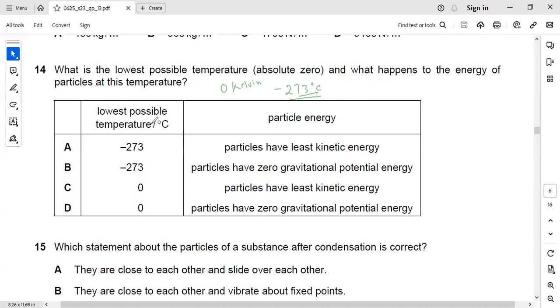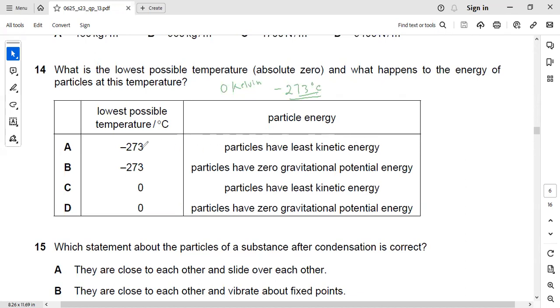At absolute zero, the particles of the matter have the least possible amount of thermal energy and their motion will be minimum. So motion is minimum and least thermal energy is there.